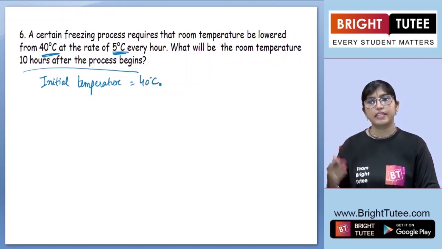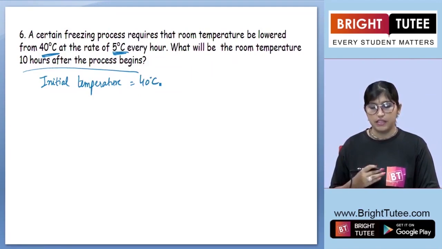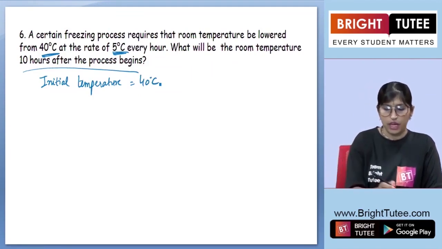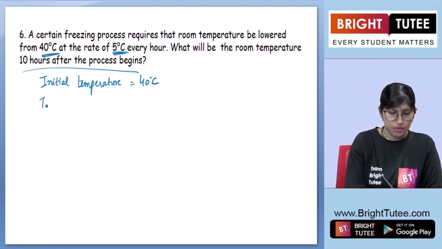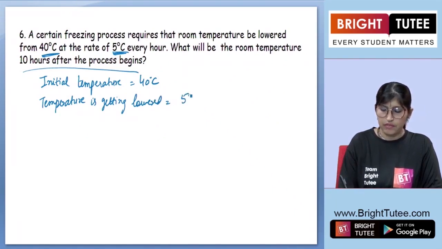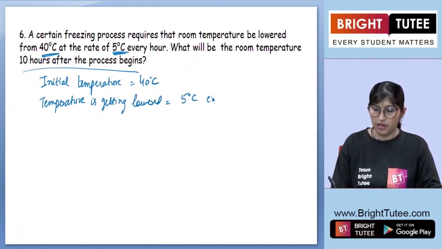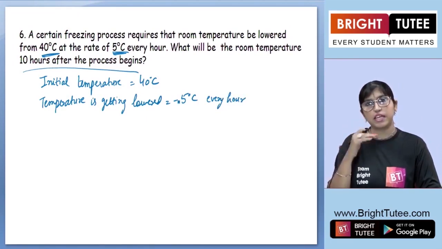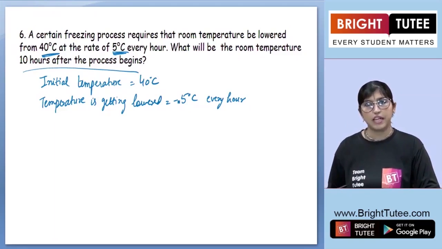Now it is getting lowered by 5 degrees Celsius every hour. So we can write it as minus 5, because it is getting lowered. So that will be minus 5 degrees Celsius.